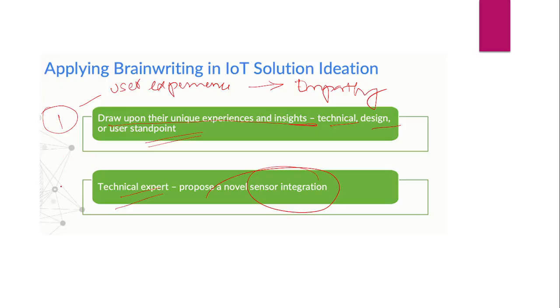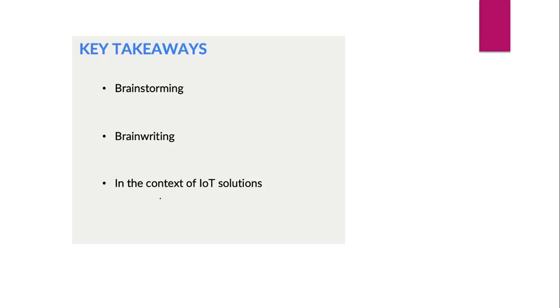After that, you have to do the user research with the help of a technical expert for proposing the solution for the sensor integration. So from the previous slides, you may easily identify and understand what is meant by brainstorming, what is brain writing, and in the context of IoT solutions, how to do the ideation process.